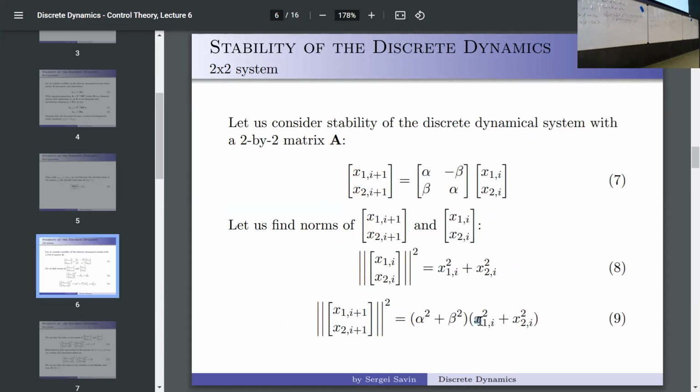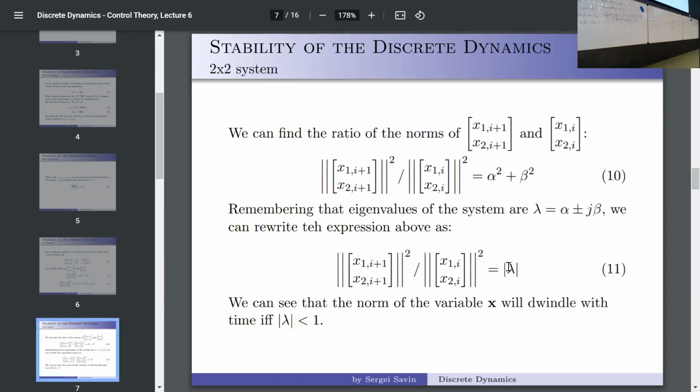The second norm is the same, but times alpha squared plus beta squared. Satisfied, right? You see what's going on. Now the ratio is just alpha squared plus beta squared. That, remember, is a ratio between the squares of the norms.